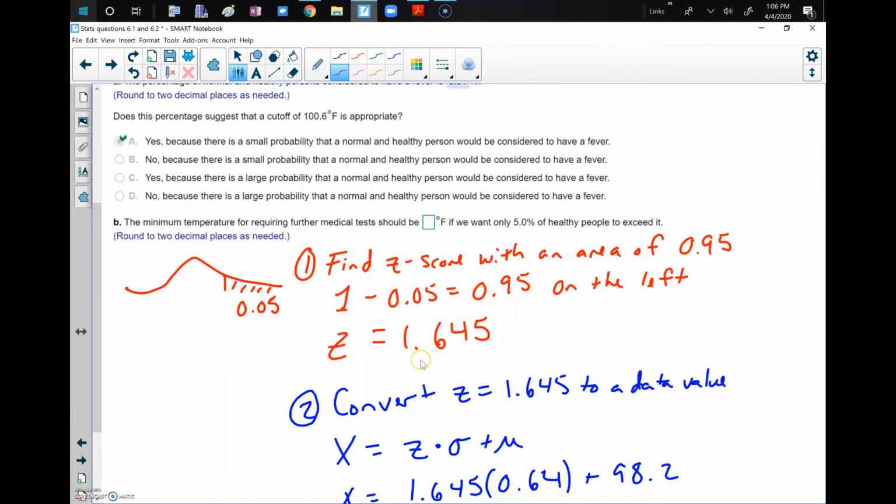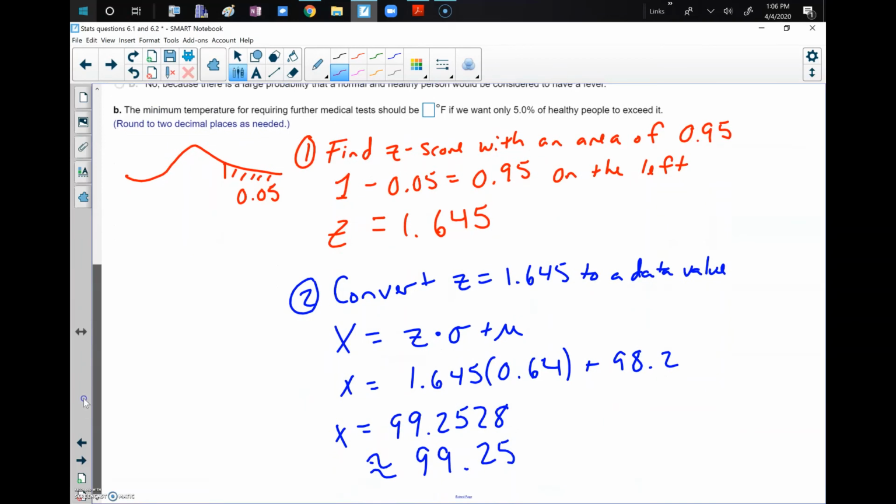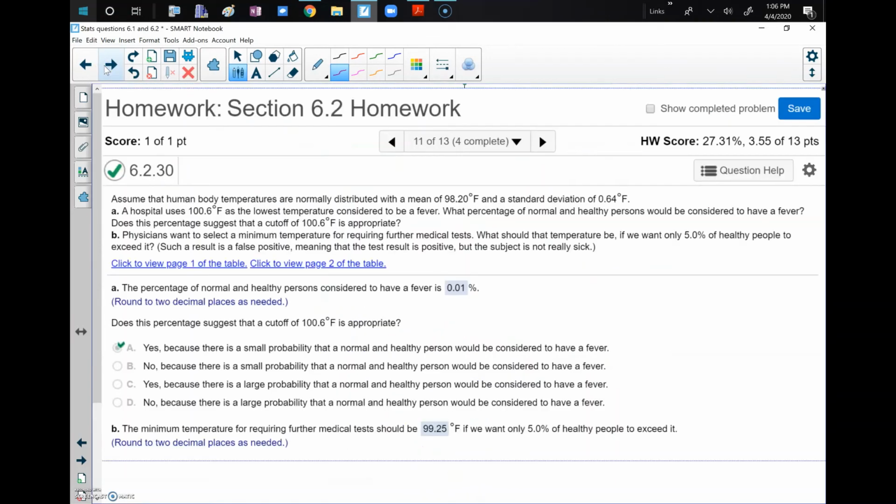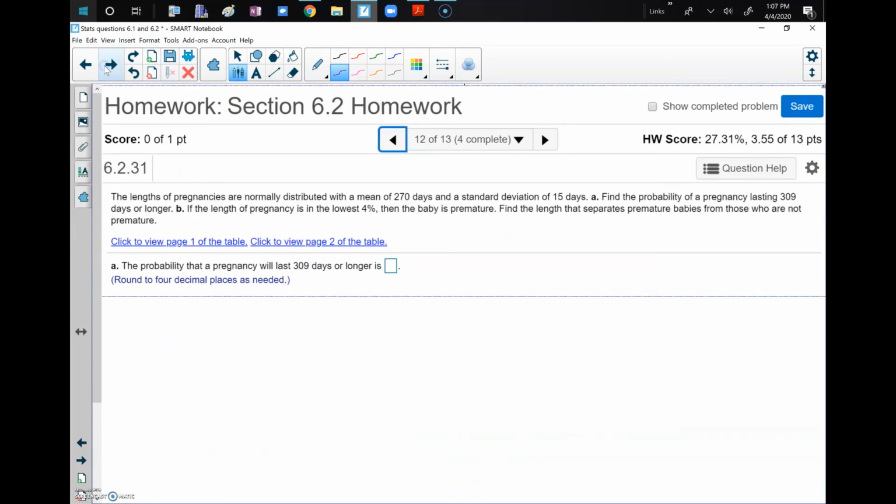So the z-score is 1.645, and now we have to convert that 1.645 into the data value. So we're going to use our formula that the data value is your z-score times the standard deviation added by the mean. When we plug that in and calculate it in our calculator, it's going to round out to 99.25. And we can see that was the correct answer there.